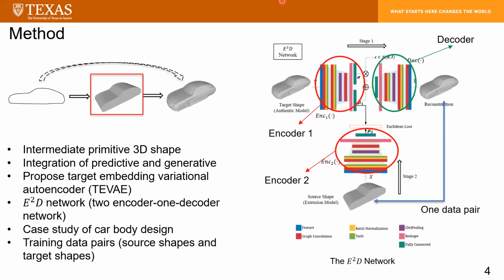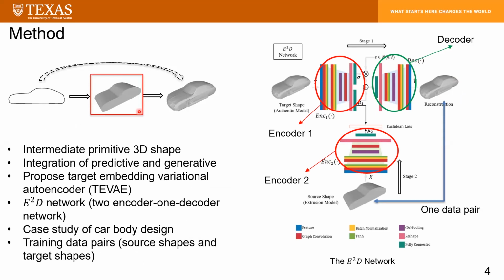So this is an overview of our method. To tackle the challenge of predicting a 3D shape from a 2D sketch, we introduced an intermediate primitive 3D shape, as shown in this red rectangle. By using this way, we transfer the 2D to 3D prediction to a 3D to 3D prediction problem.